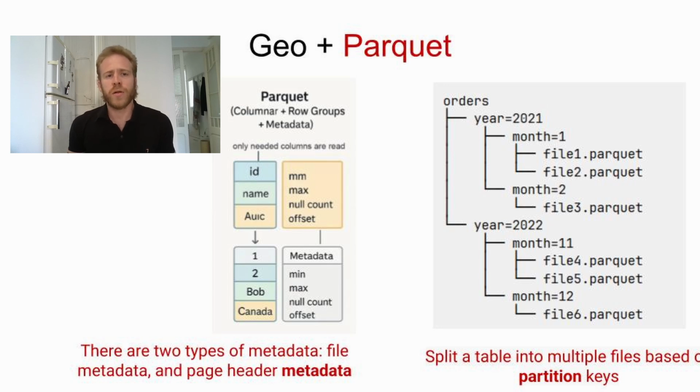For example, you might store each day's records in a separate folder or file. A query for one day only reads that partition instead of scanning everything. Combined with Parquet's internal column stats, this makes data handling very efficient in distributed systems like Apache Spark.